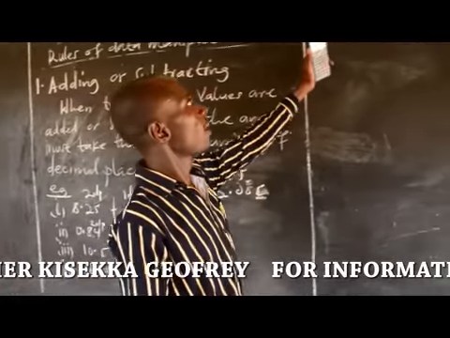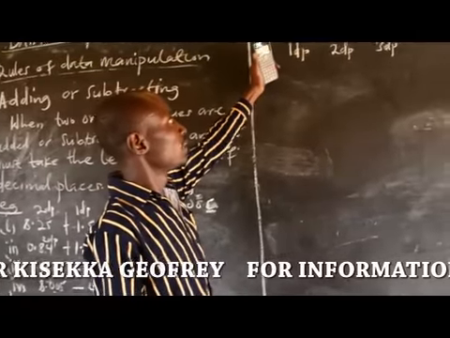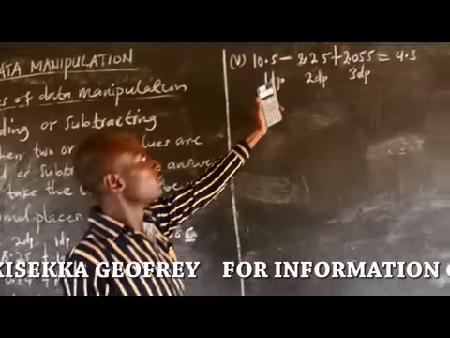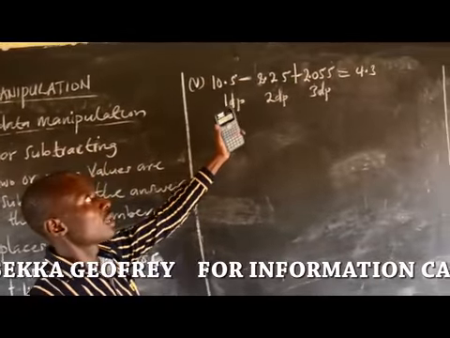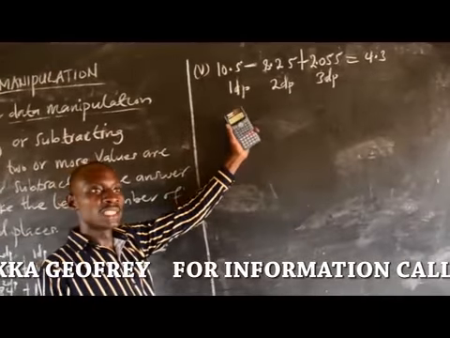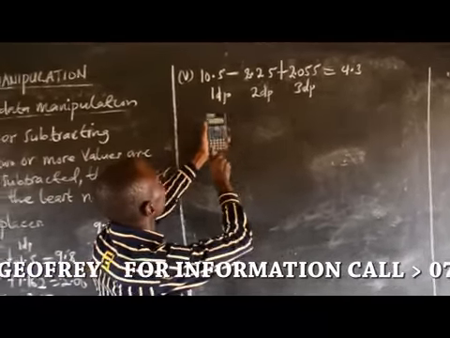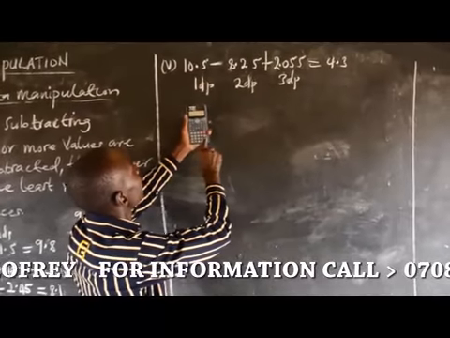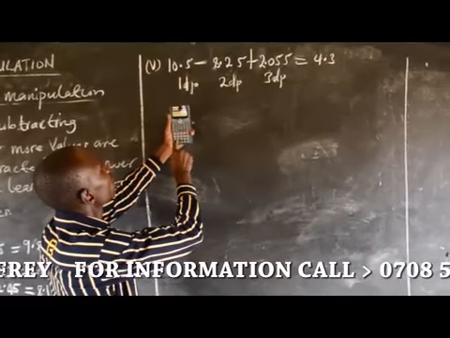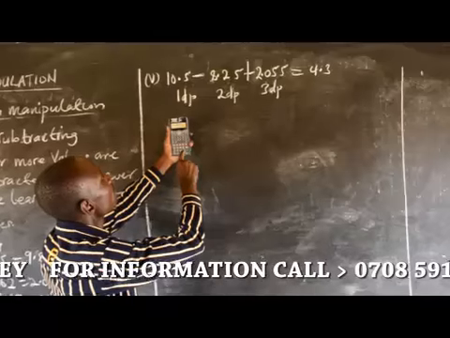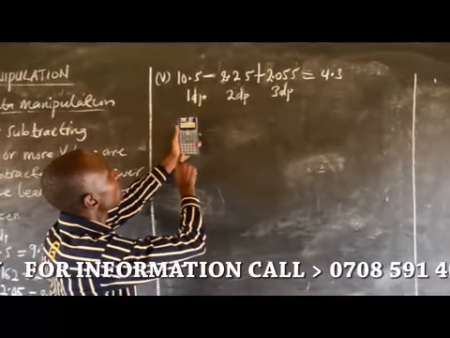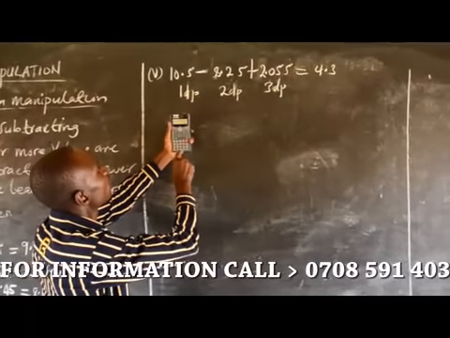Yes. Here, now this is the fifth example. It involves subtraction and addition, but the rule remains the same. Go to your calculator, write 10.5 minus 8.25 plus 2.055.